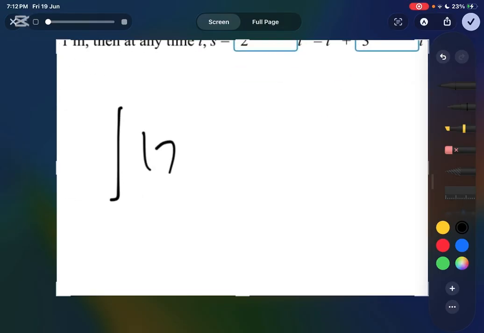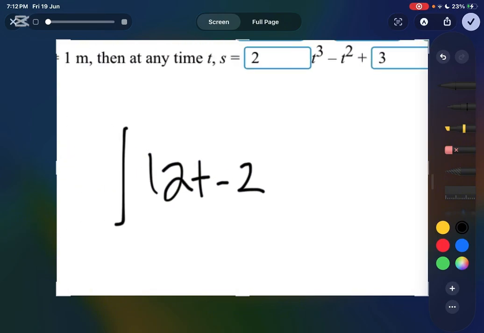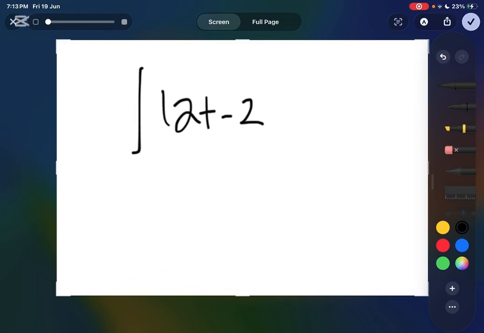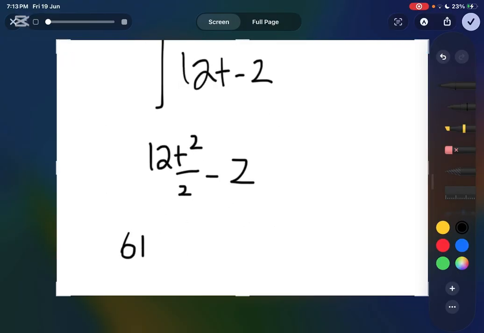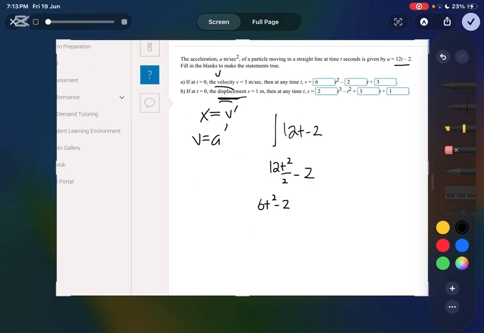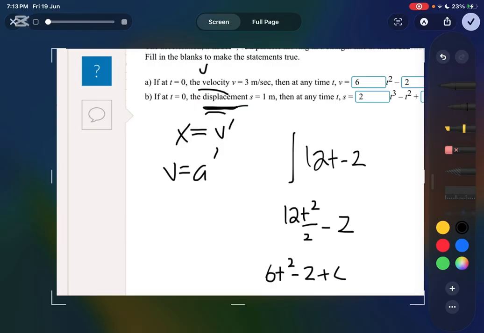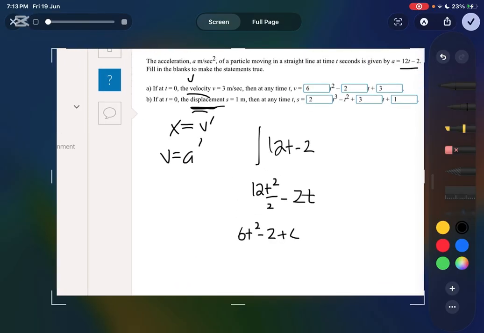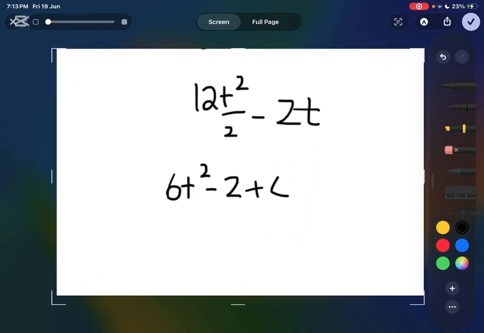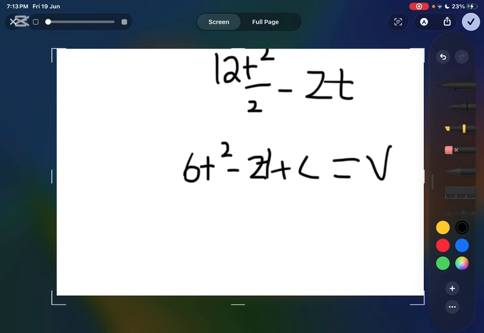So for 12t minus 2, now do the antiderivative, so 12t squared over 2 minus 2t. So now it is 6t squared minus 2t plus c, by the way. And since they told you at t equals 0 the velocity is equal to 3, this is now equal to v, right?